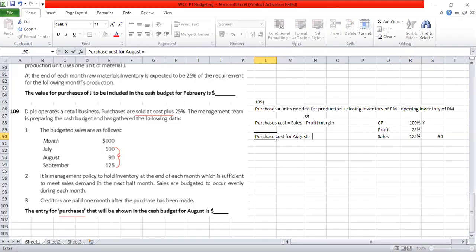How much? 78. 72 only. Yes, ma'am. Okay, there is inventories also. One second.